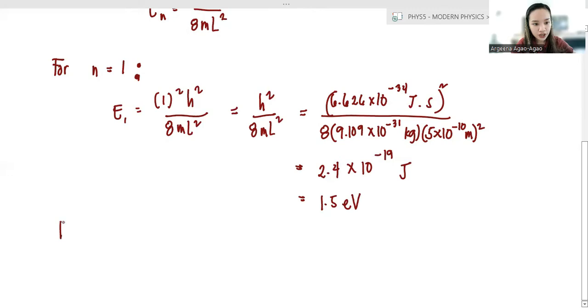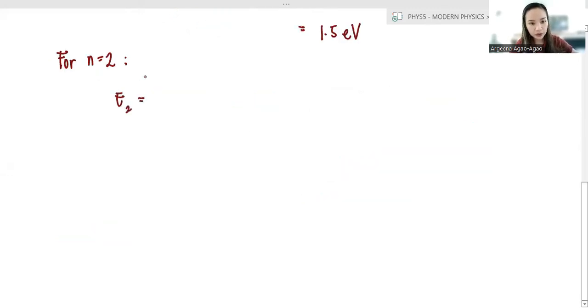Now for n equal to 2, we have E sub 2 equal to 2 squared h squared over 8 m L squared. This is 4h squared over 8 m L squared.